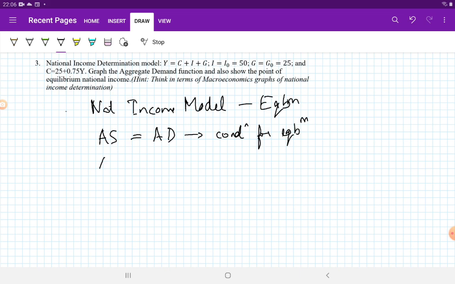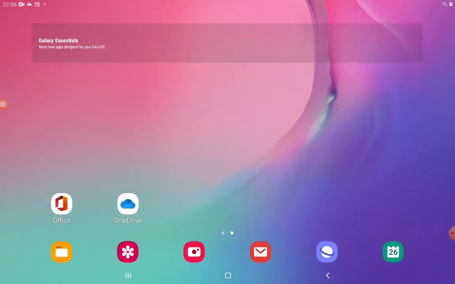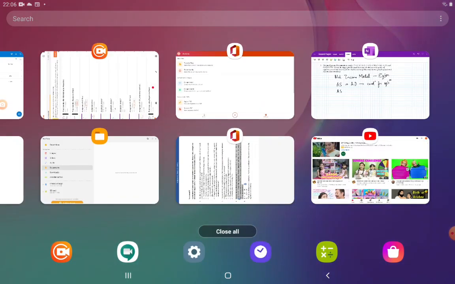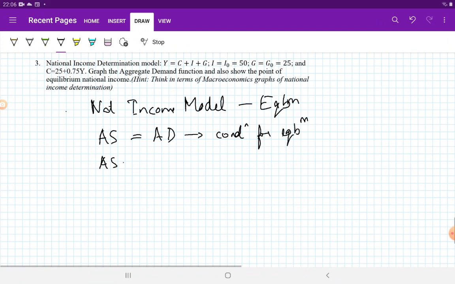Now, what is aggregate supply? Aggregate supply is nothing but the total output that has been produced in the economy, which I am representing as Y. What is aggregate demand?